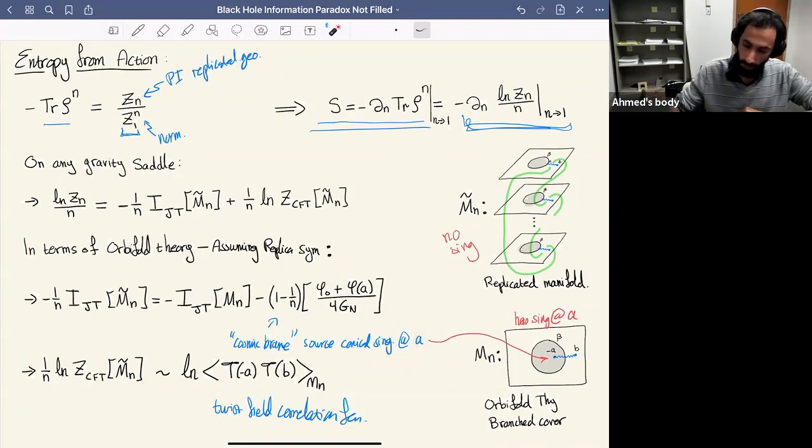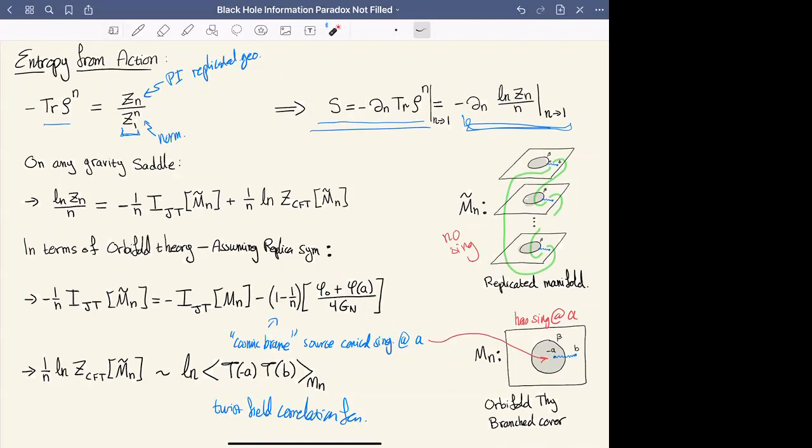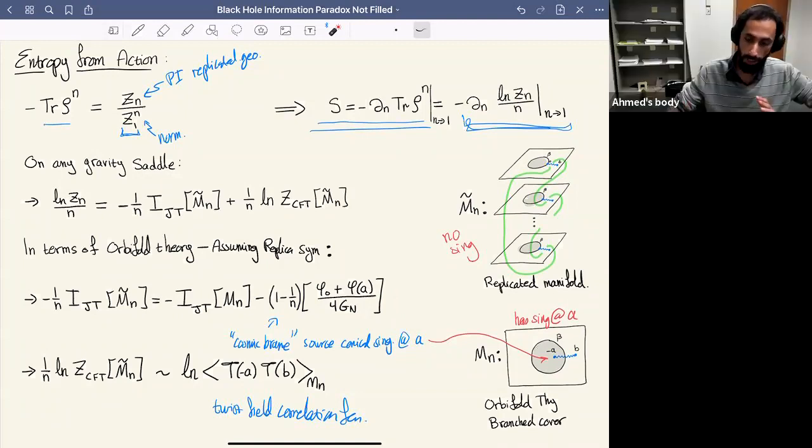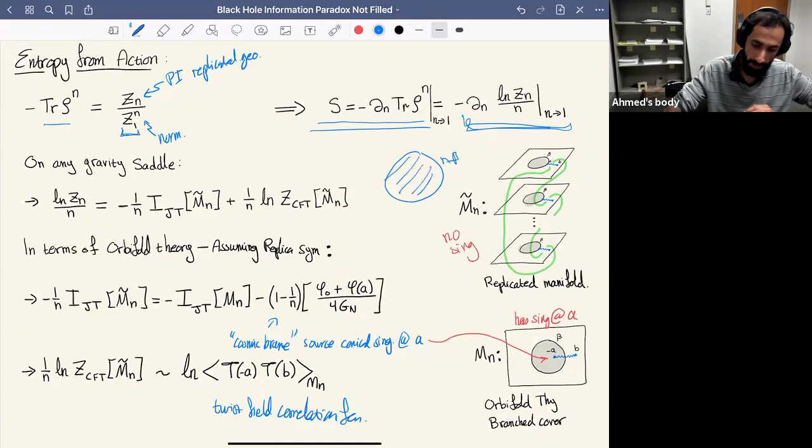So the cosmic brane comes about when looking at the gravity solution. If you look at the gravity solution here, it's just a giant disk of length n beta, just AdS2 on a disk, and it's smooth. There's nothing fancy about it. But when you go to the orbifold theory, you quotient this by the Zn symmetry, and then you get a picture which looks like this, with a different color for the cut.